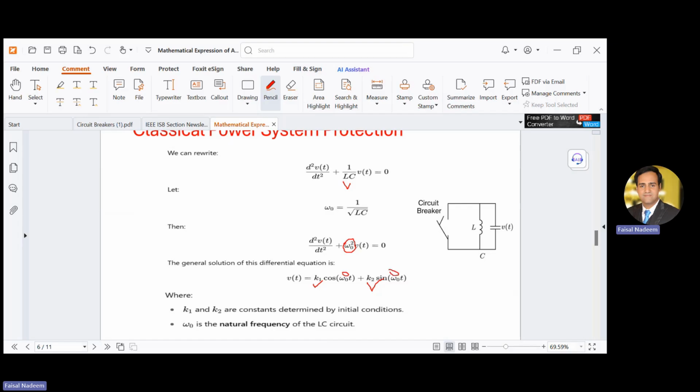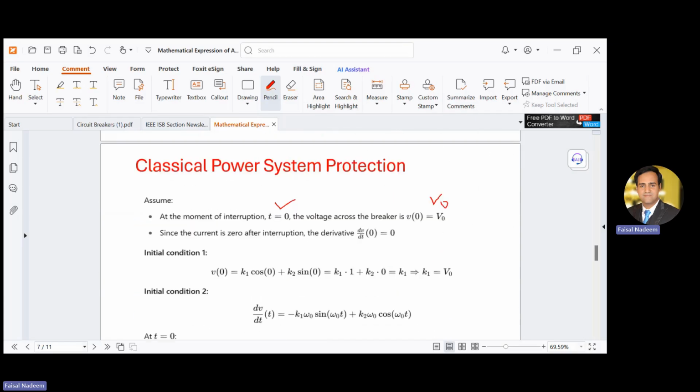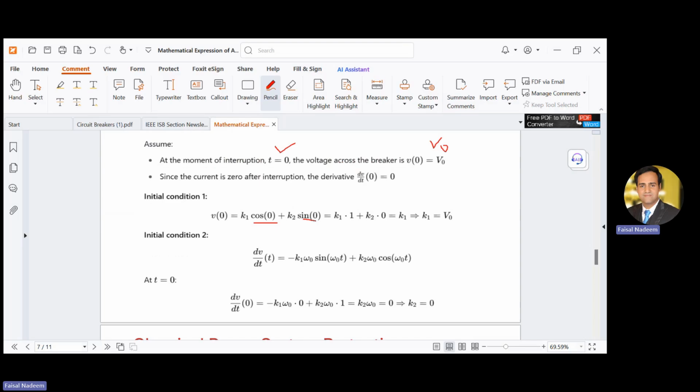Cos 0 is equal to 1, and we know that Vt is equal to V naught. Therefore, K1 is equal to V naught. You can look here: when we place t equal to 0, this cos 0 exists, but this sin 0 term vanishes. So V naught is equal to K1.